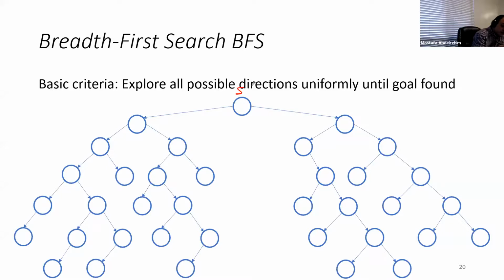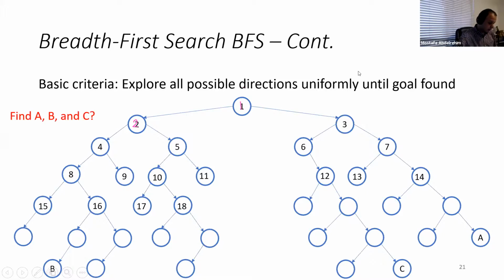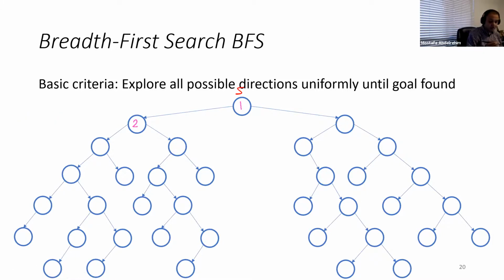If this is, for example, number 1, I have here 2 options, this guy, number 2, and this guy, number 3.